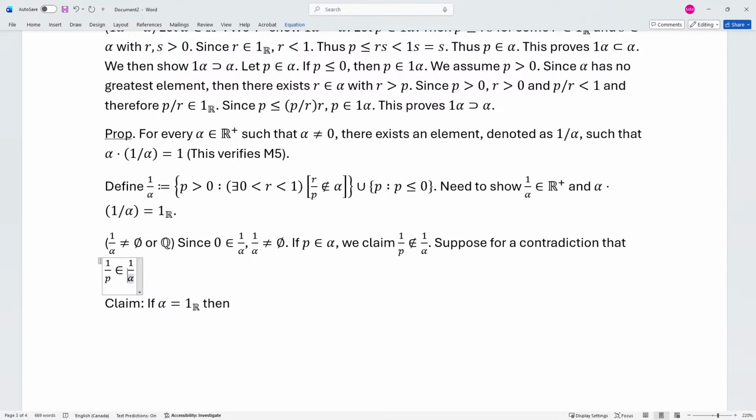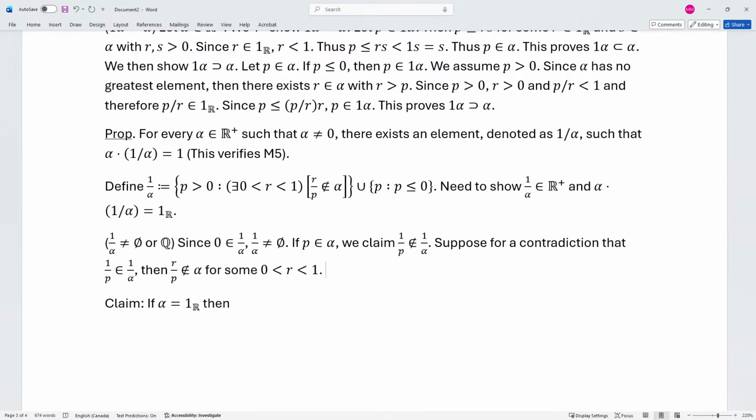Then by the definition, we have R over P not in alpha for some R greater than 0, less than 1, right?